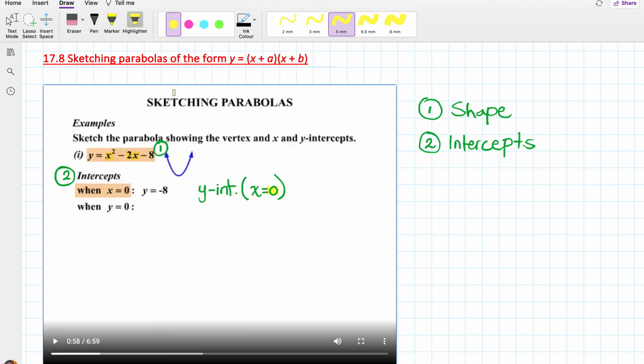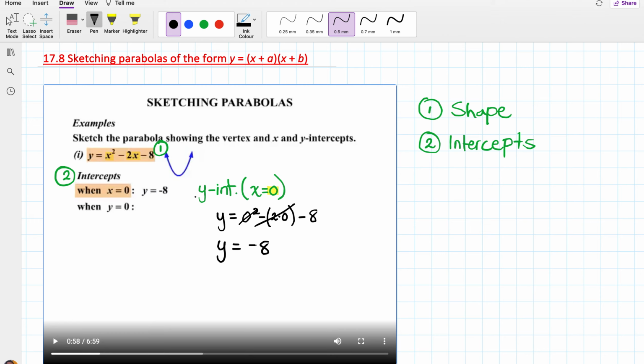When you do that, what happens? You have y is equal to 0 squared, take away 2 times 0, minus 8. This becomes 0, this becomes 0. So y is equal to negative 8. So that's why he got here y is equal to negative 8.